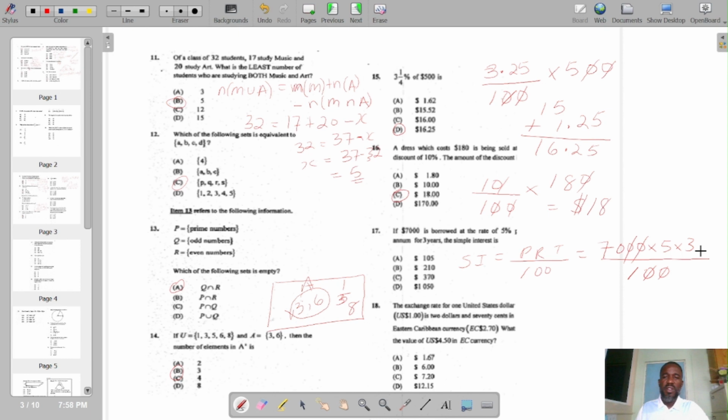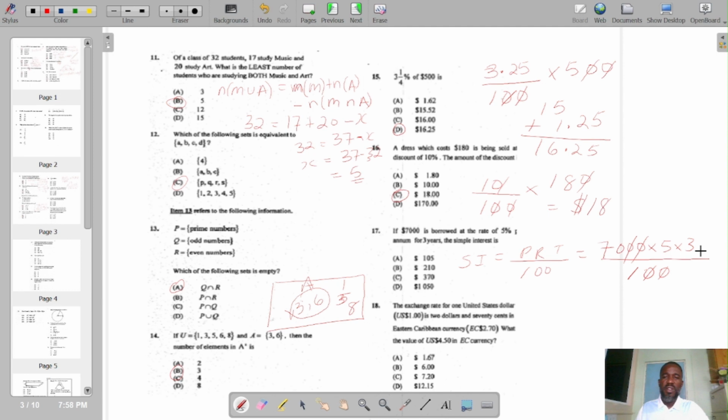If we look at the EC amount, what are we going to get? We know it cannot be $1.67, and 2 fours will give you 8, so the number must be greater than 7. So our answer here is D.